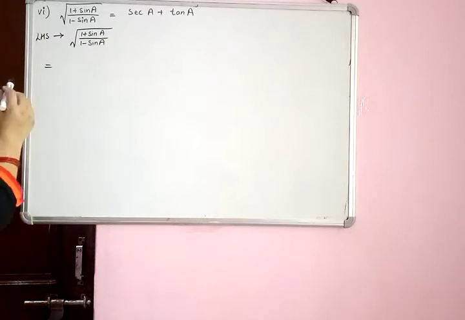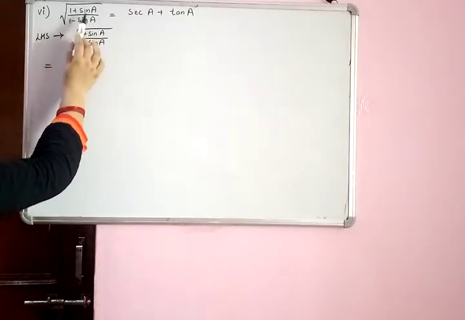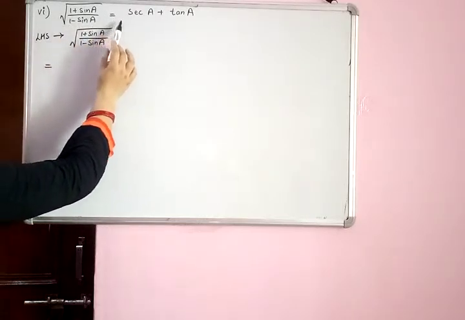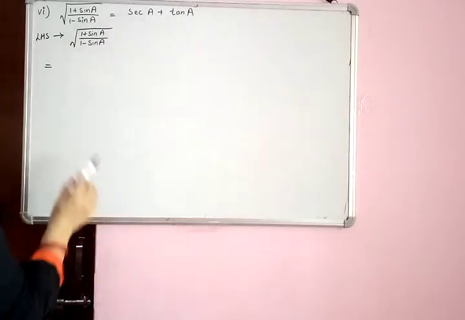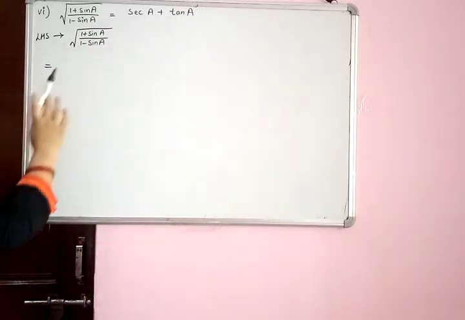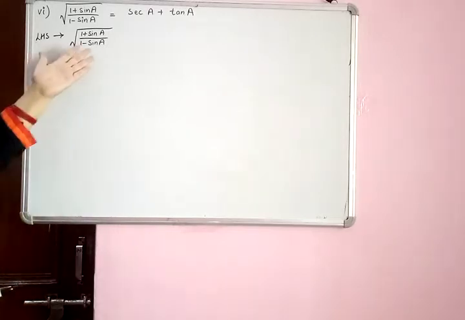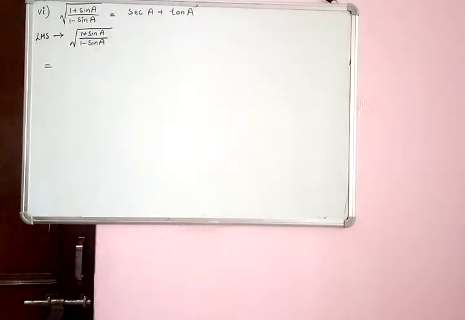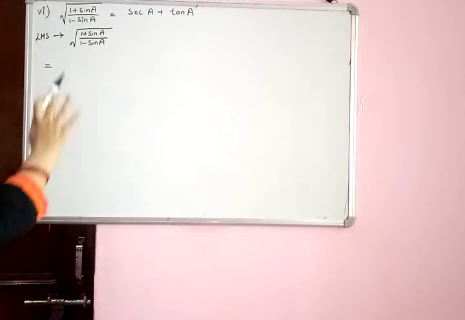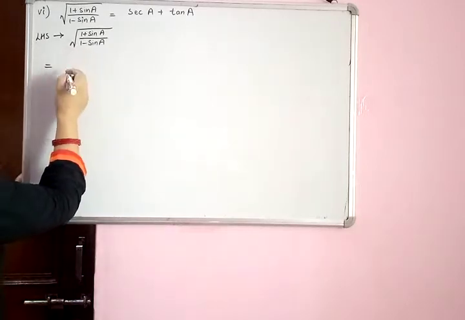Now sixth part, prove that under root 1 plus sin a upon 1 minus sin a is equal to sec a plus tan a. So take the left-hand side, under root 1 plus sin a upon 1 minus sin a. In the left-hand side we have a square root, but in the right-hand side we don't have a square root. So what we have to do is rationalize this.